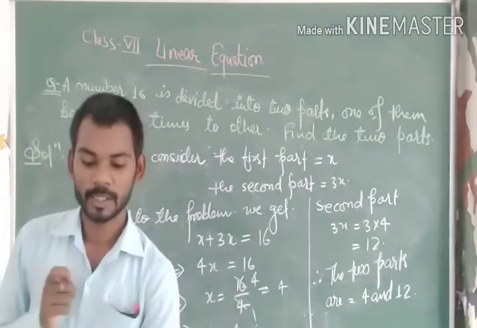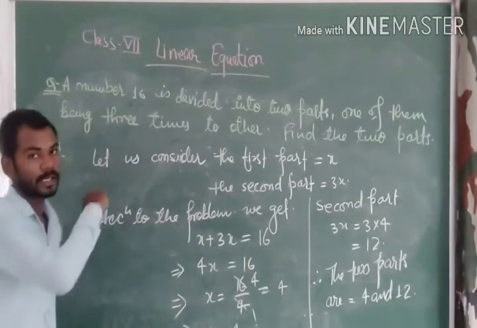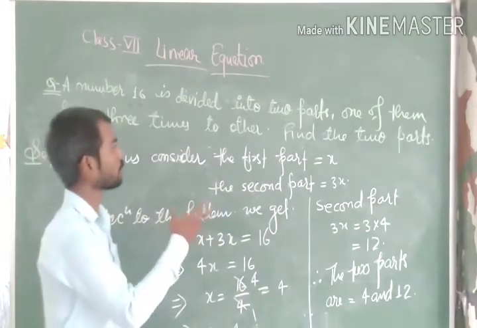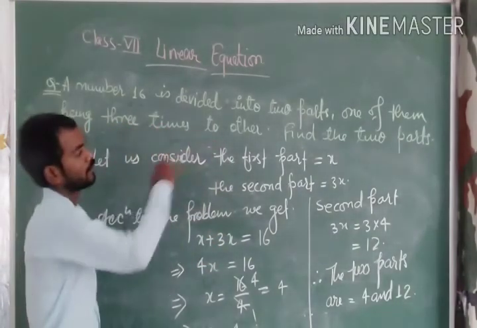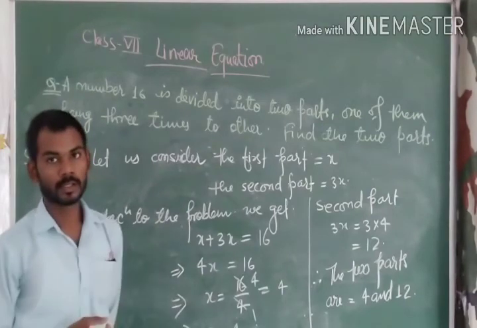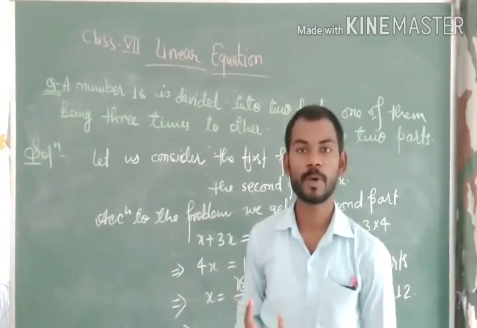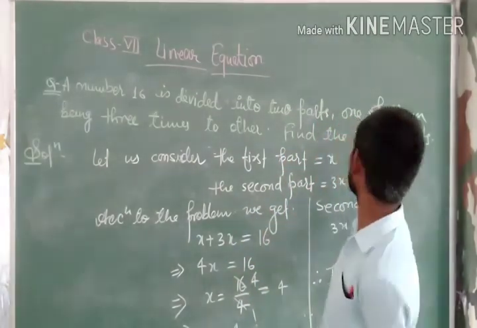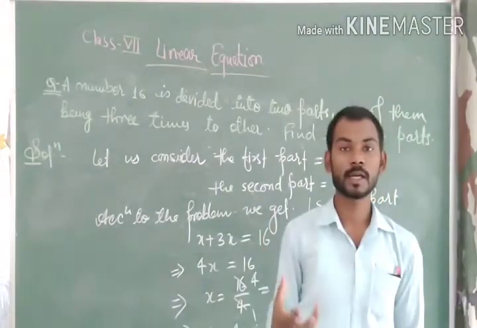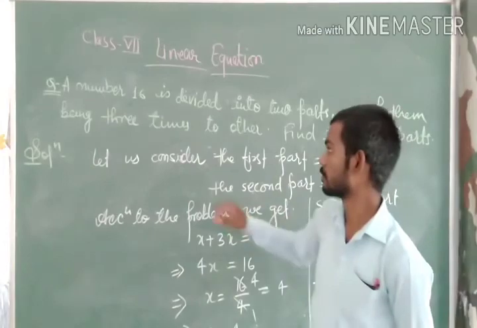Let me explain again. A number 16 is divided into two parts. One of them is 3 times the other. That means when 16 is divided into two parts, one part out of the two is 3 times the other.